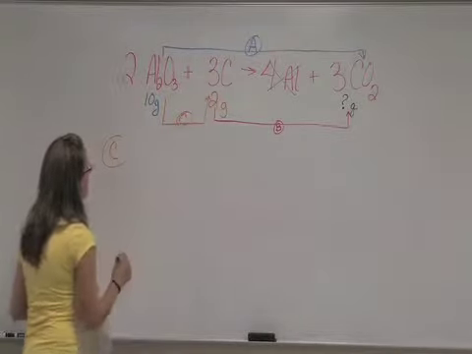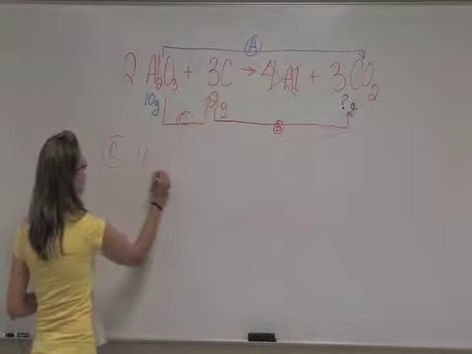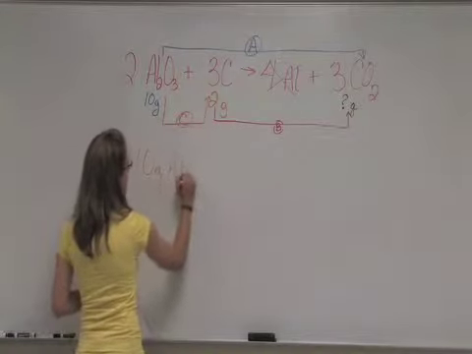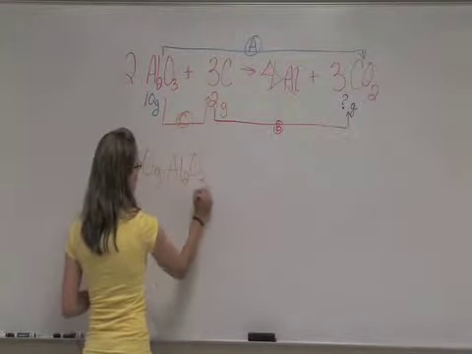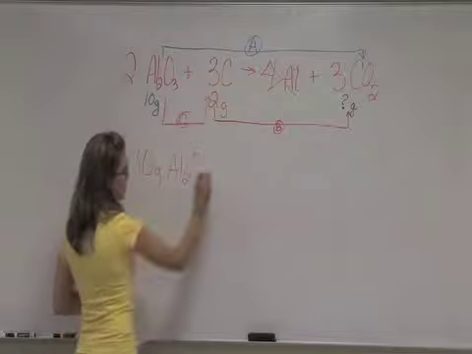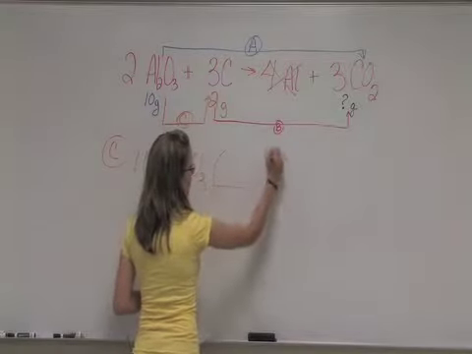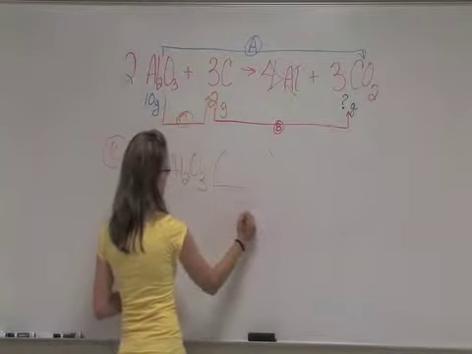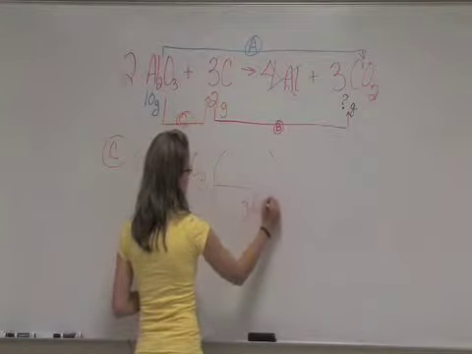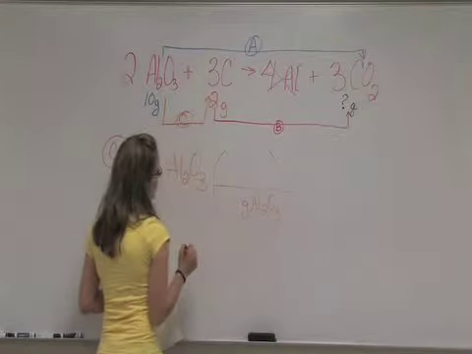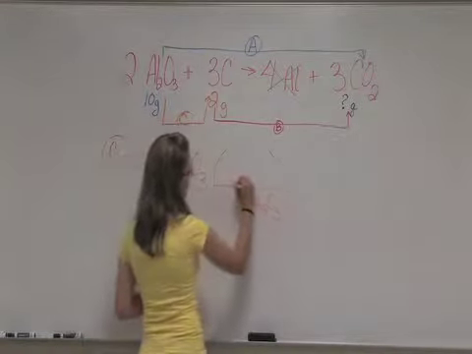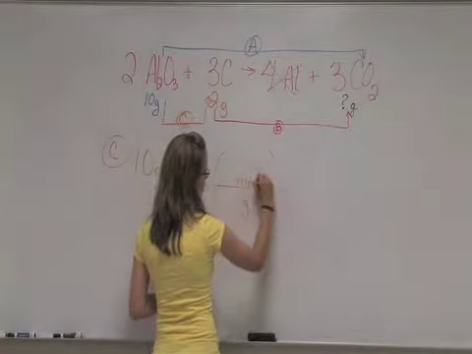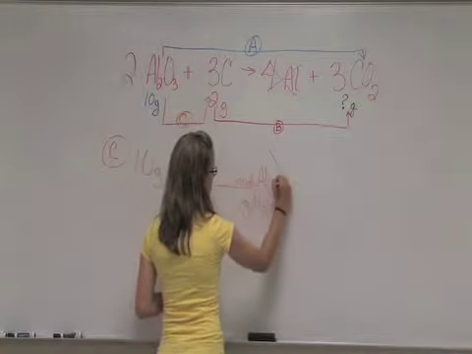So part C, we're starting with the 10 grams of aluminum oxide again. We need that to cancel, so we're going to put it on the bottom of the parenthesis. And we need moles of aluminum oxide so that we can go to moles of the other chemical.